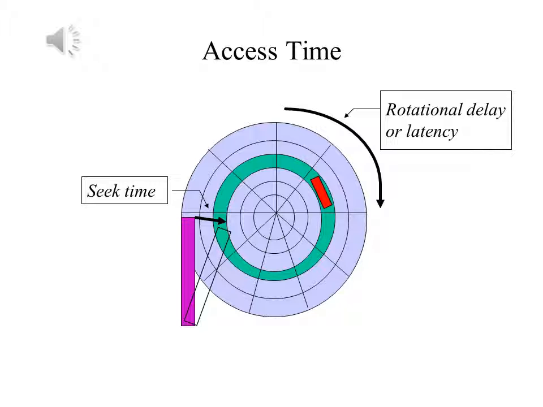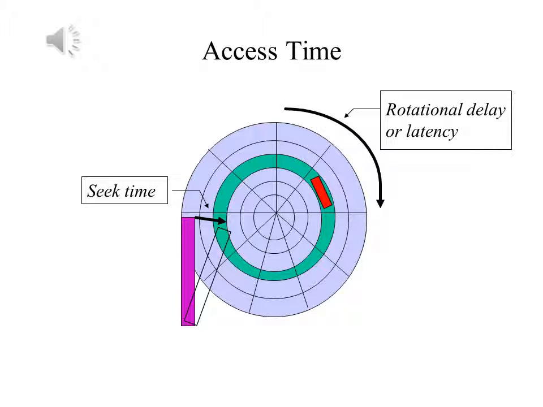This requires that when we schedule disk operations, we try to minimize the time that it takes to perform each disk operation. There are three factors that determine how long a disk operation takes: the seek time, the rotational delay or latency, and the data transfer rate.